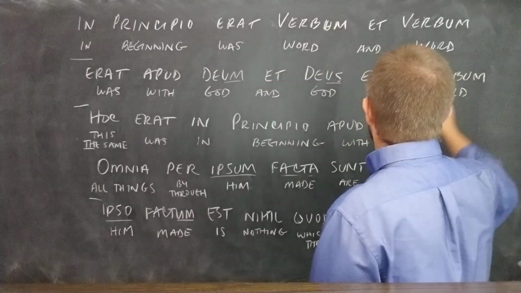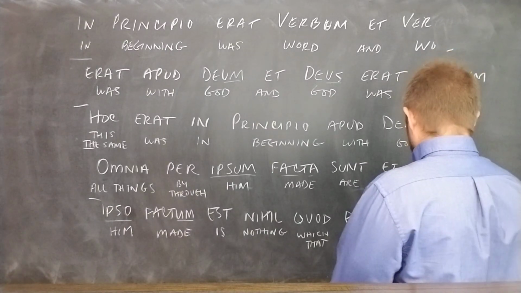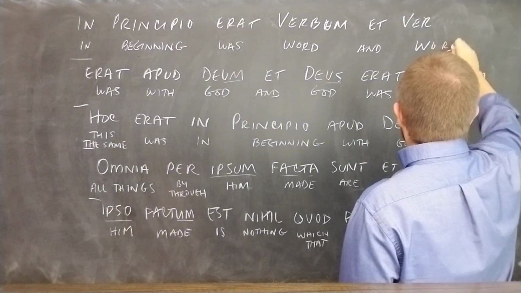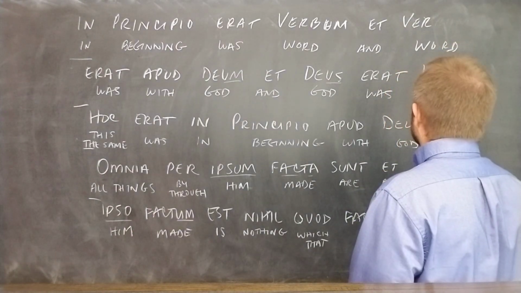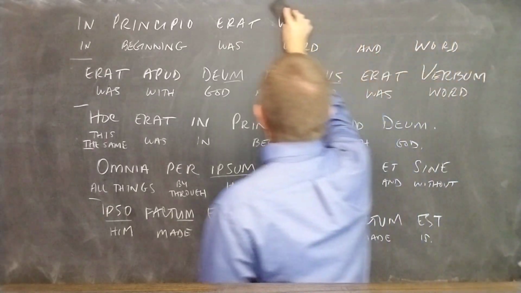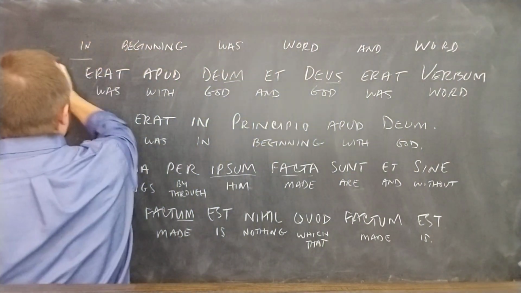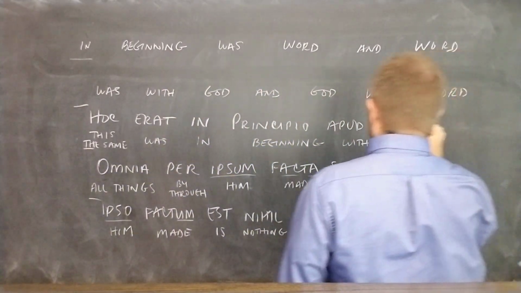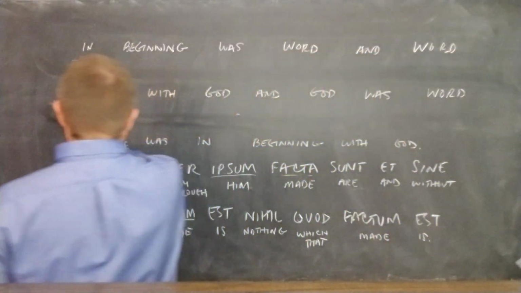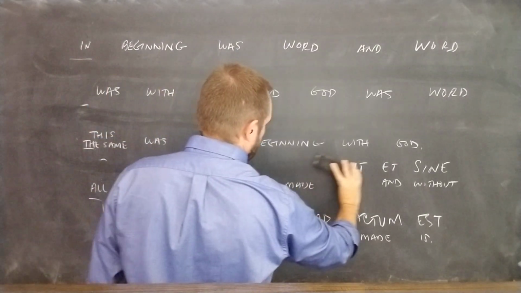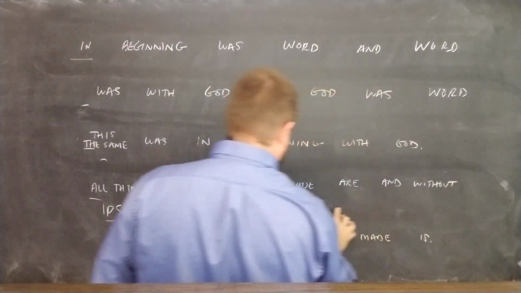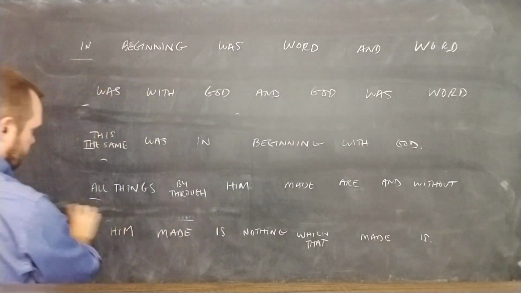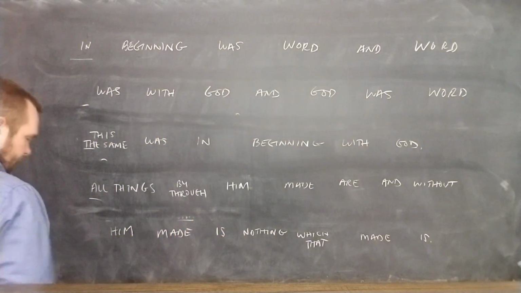Now there's another translation exercise, and what I'll do is keep this up here, and I'm going to erase just the Latin. I'm going to erase all the Latin. So all that I have left is my English translation.